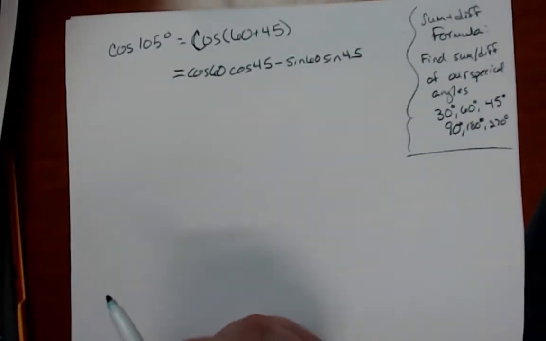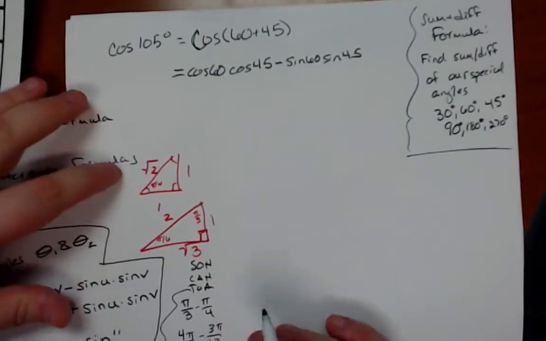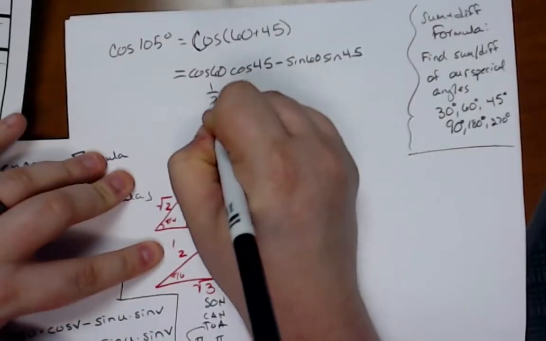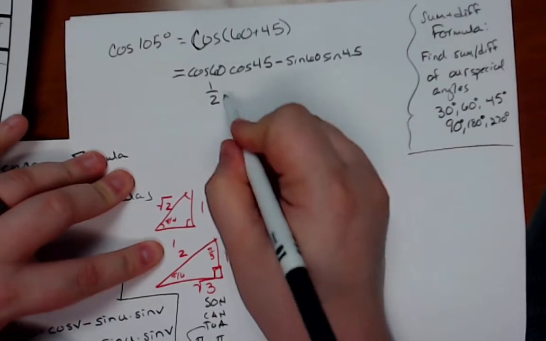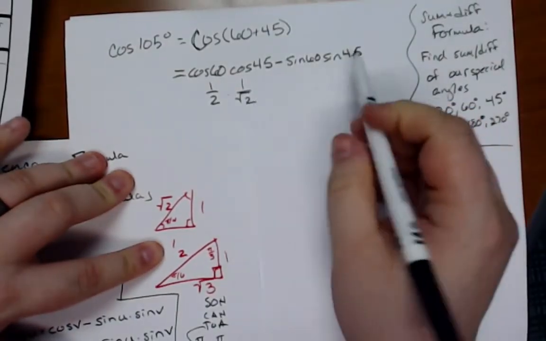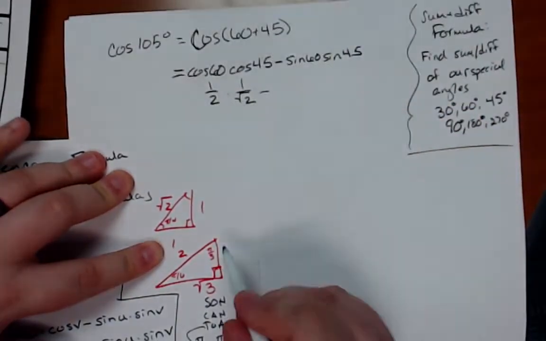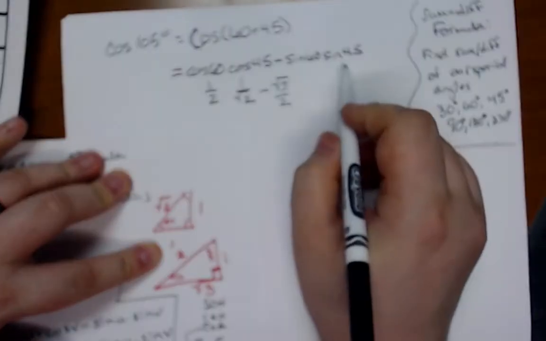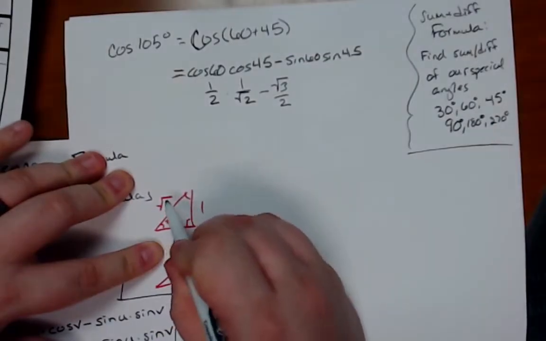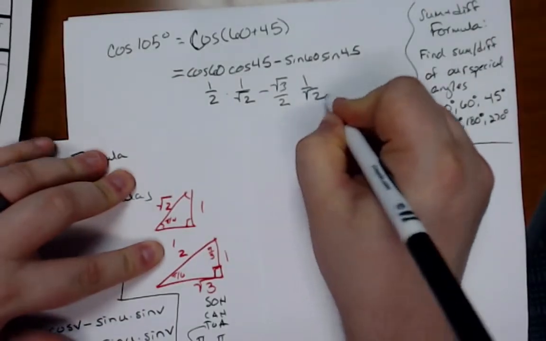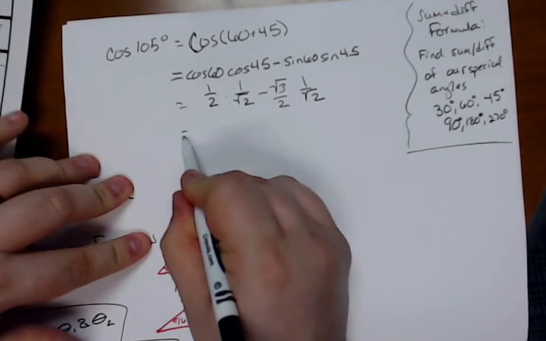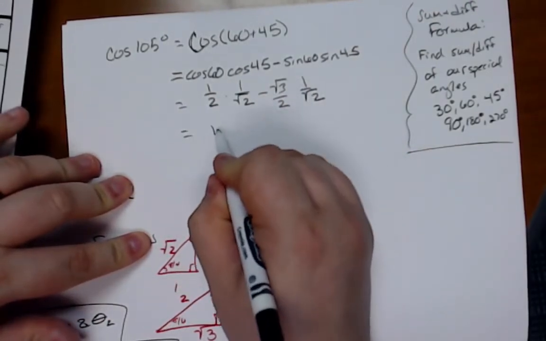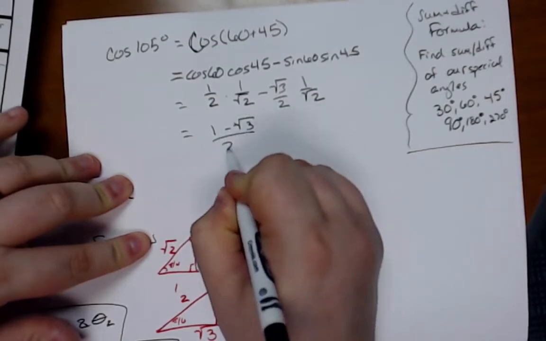And again, we know our cosines of these, so 60 degrees is pi over 3, adjacent over hypotenuse, it's a half, 45, 1 over root 2, minus sine of 60, so that's here, opposite over hypotenuse, root 3 over 2, sine of 45, opposite over hypotenuse. And so now we get 1 over 2 root 2 minus root 3 over 2 root 2. So 1 minus root 3 over 2 root 2.